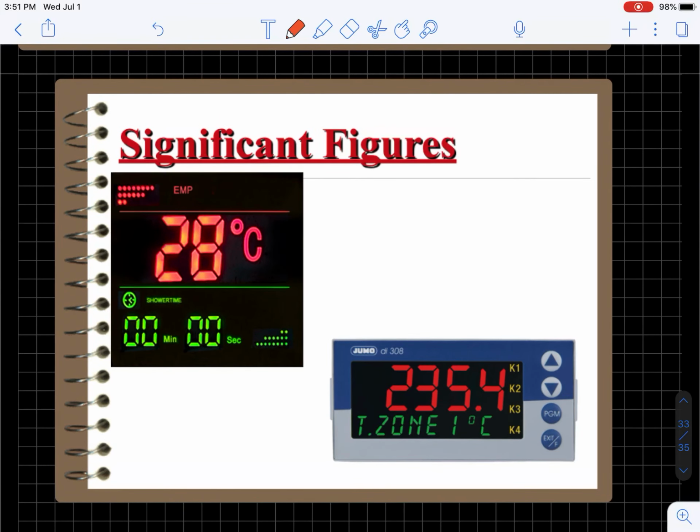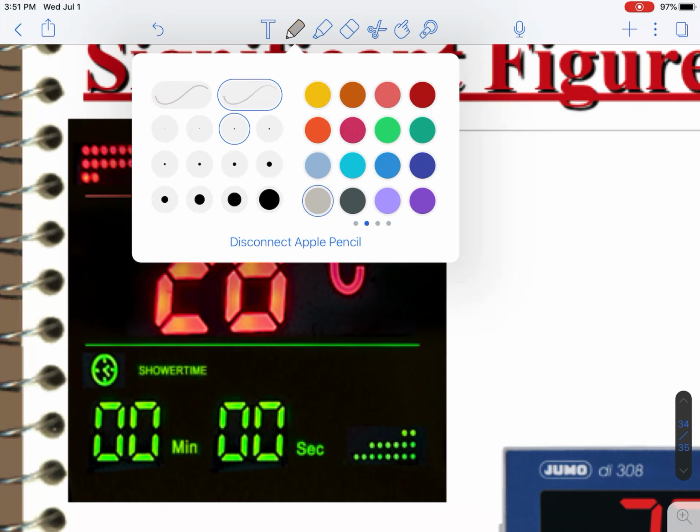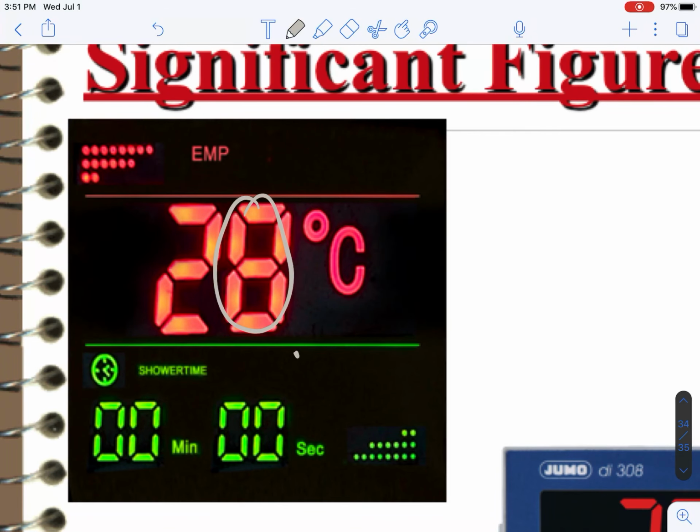Now, those devices where you have to read the gradations are called analog devices. The ones that use the computer probes and processors are called digital devices. So if we're measuring the temperature using this first one, what would be the precision? Well, the way a digital device works is that whatever they list as the last digit, this is the estimate.